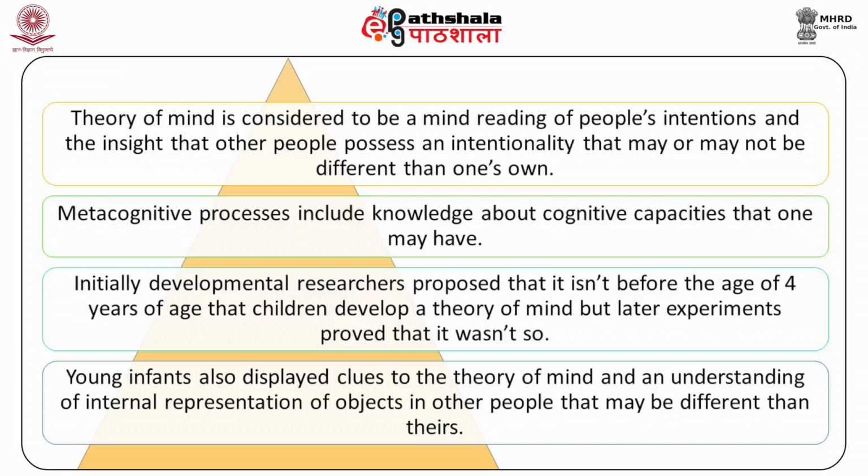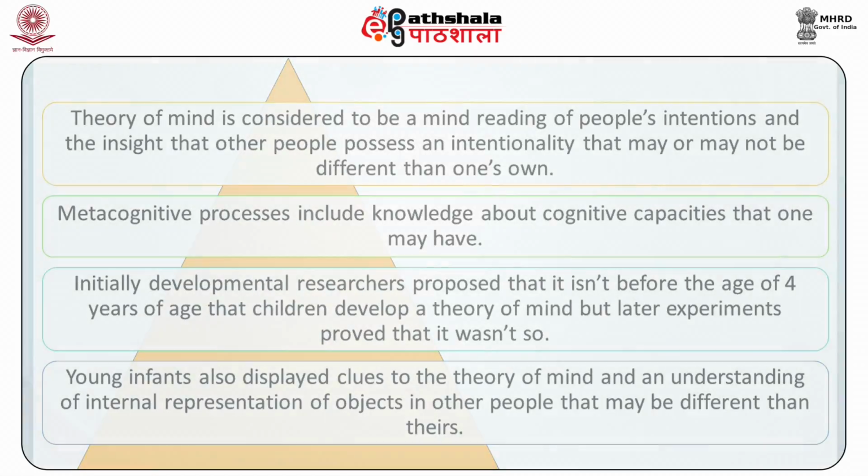Initially, developmental researchers proposed that it is before the age of 4 years that children develop a theory of mind, but later experiments proved that it wasn't so. Young infants also displayed clues to the theory of mind and an understanding of internal representation of objects in other people that may be different from theirs.